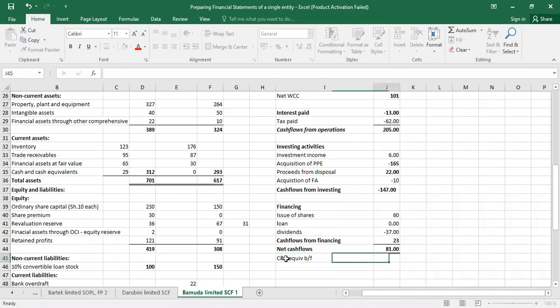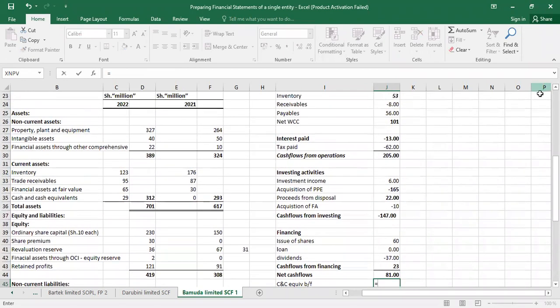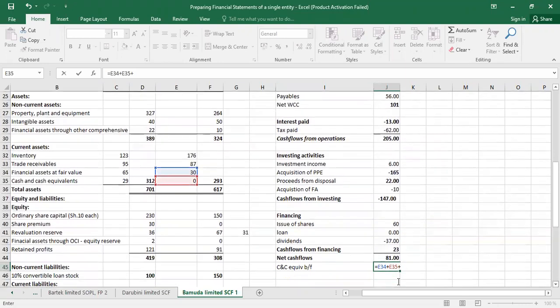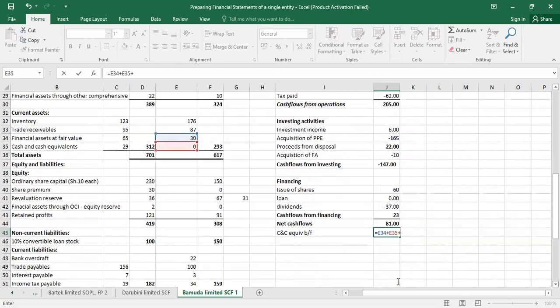So for 2021, equal sign. So for 2021, cash and cash equivalent, we have this one here, financial assets at fair value, plus we have cash here, plus we have bank overdraft somewhere.